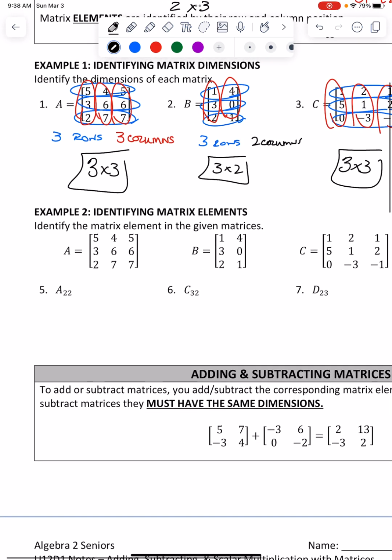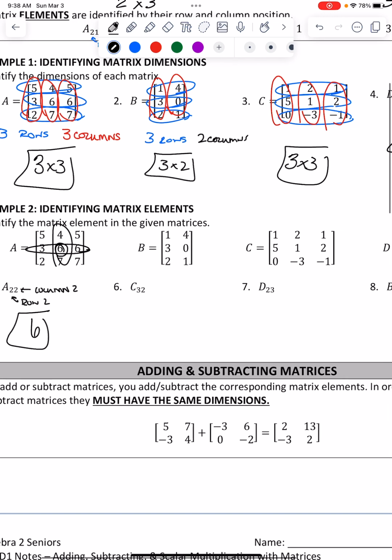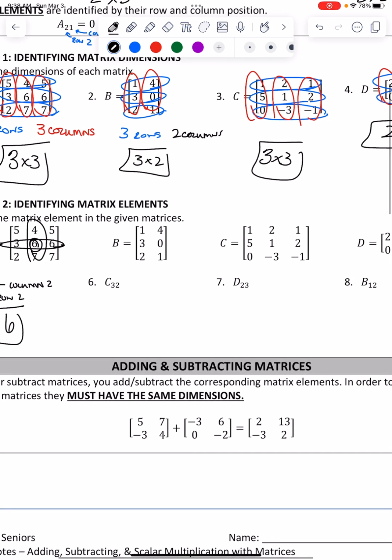And then to identify matrix elements, this means we're in row 2, column 2 of matrix A. So row 2, column 2 would be 6. For number 6, C32 would mean row 3, column 2, so -3.